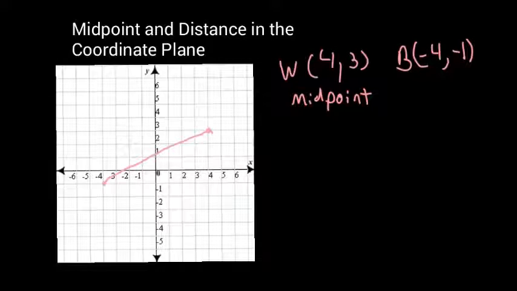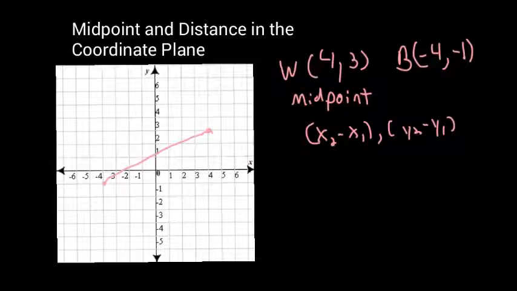So the way you can think about it is x2 minus x1 is our first coordinate, and then y2 minus y1. So that would be negative 4 minus 4, which would give us negative 8, but distance can't be negative, so it's just going to be 8.